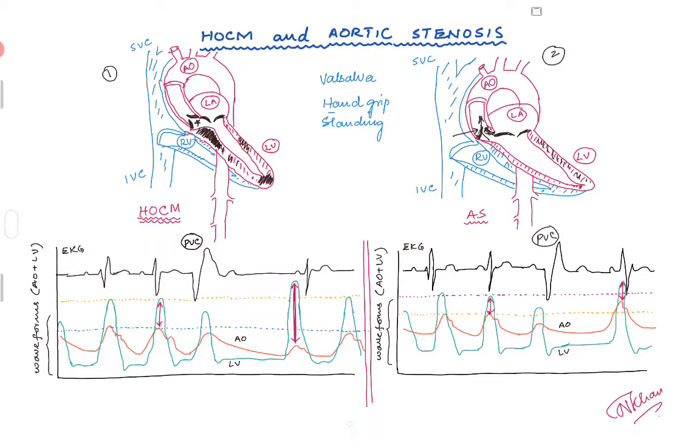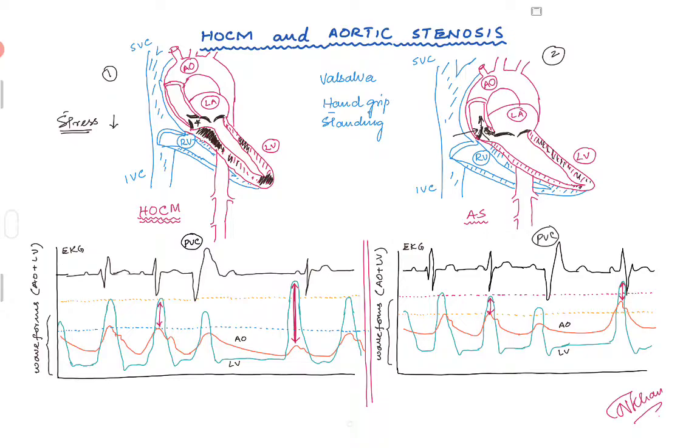So the way I remember that is a stress. Anytime you have more stress in HOCM, it will decrease the murmur. Does not make sense when you say, well, why is that? If you have more stress on the ventricle, how would it cause the decrease in murmur?